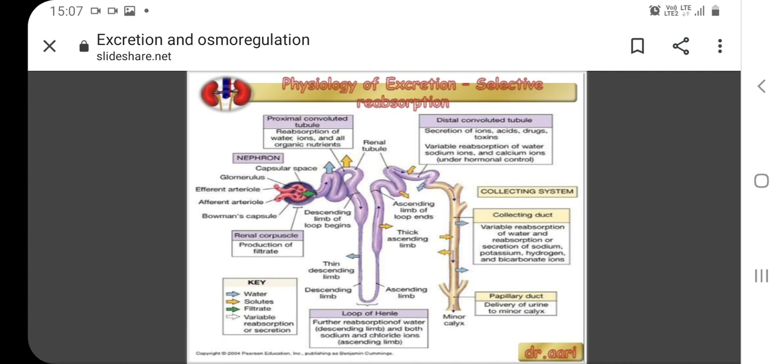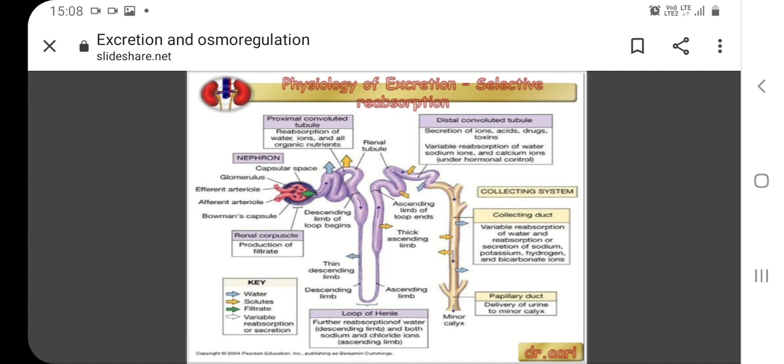The descending loop of Henle is lined with cells containing aquaporin. This I have already stated in the previous video lecture. So the loop of Henle is lined with cells containing aquaporin that allows the water to pass from the filtrate into the interstitial fluid.